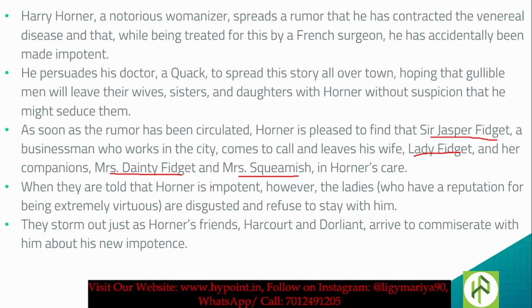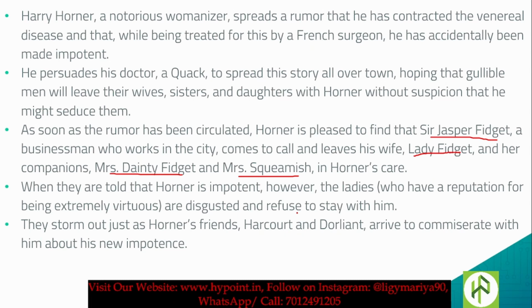When they are told that Horner is impotent, however, the ladies, who have a reputation for being extremely virtuous, are disgusted and refuse to stay with him. So these ladies, Lady Fidget, Dainty Fidget, and Squeamish, had a very good reputation in society.